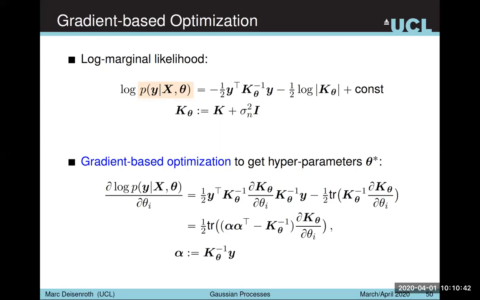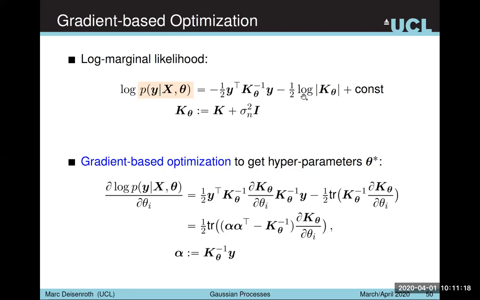So effectively, if you look at the log marginal likelihood up here, the derivative of the first term is the chain rule. You have to take the derivative of the K inverse matrix. That is minus K inverse times the derivative of K with respect to theta, times K inverse. That is by definition of how you compute derivatives of inverses.